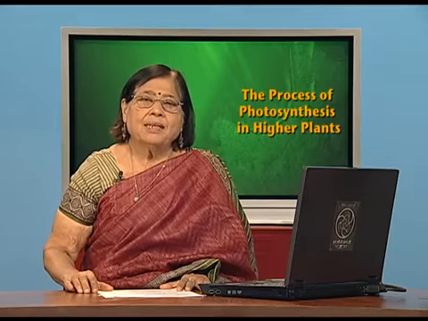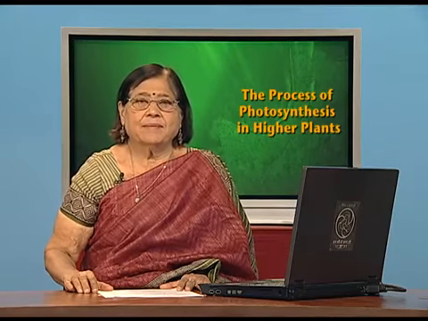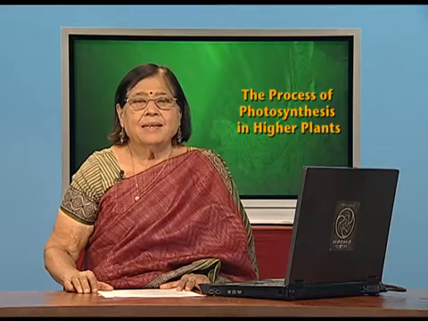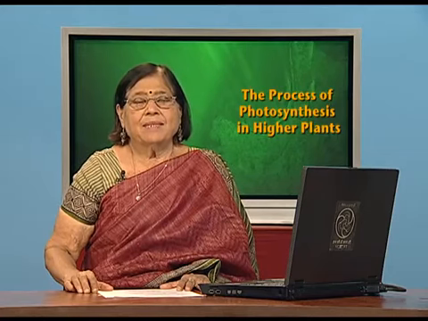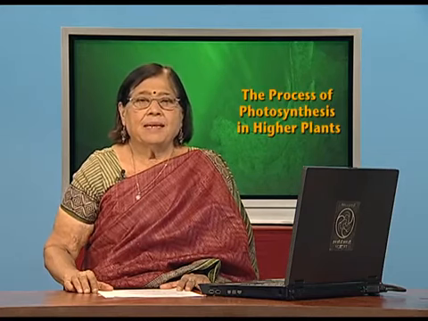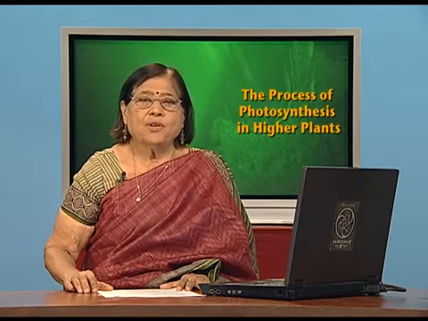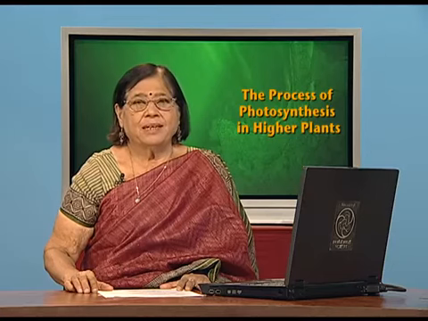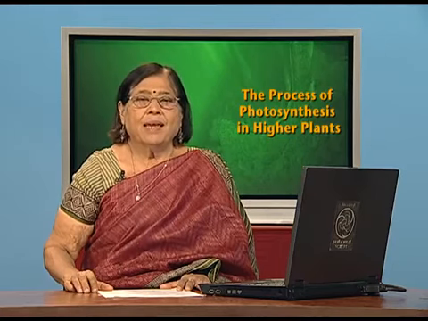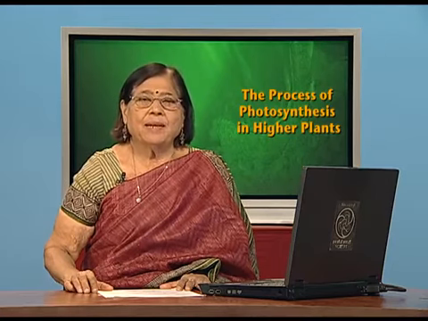Light absorption has so many facets. First thing, sunlight should be there, the angle of incidence should be correct, the exposure of the plant or tree to the sunlight should be enough, and the position of leaves should be correct.